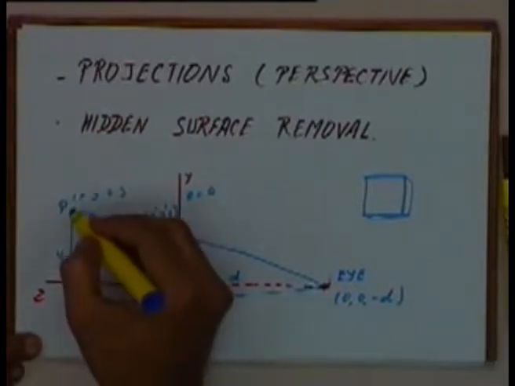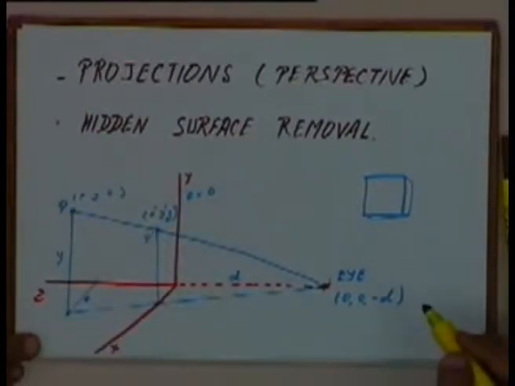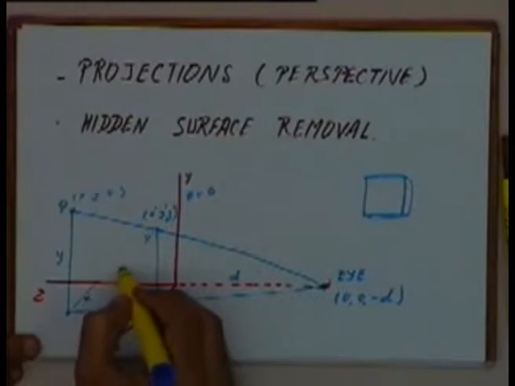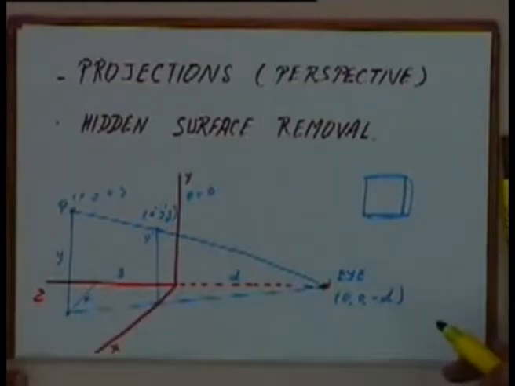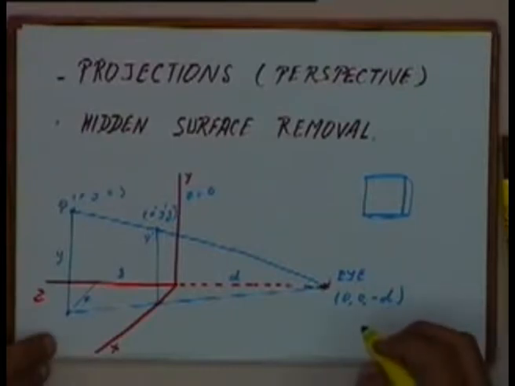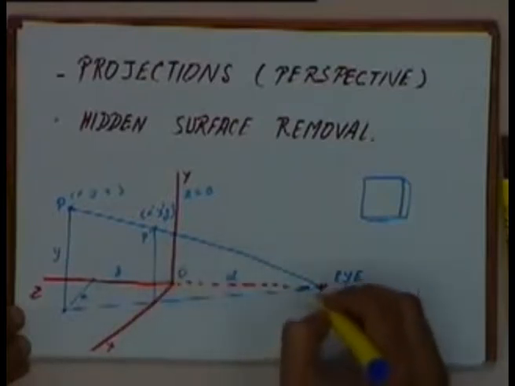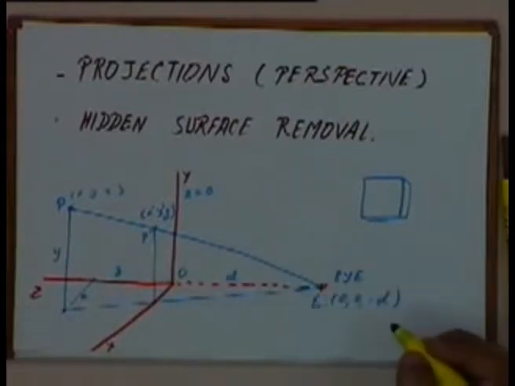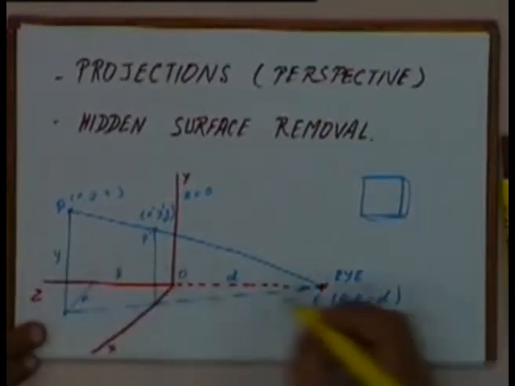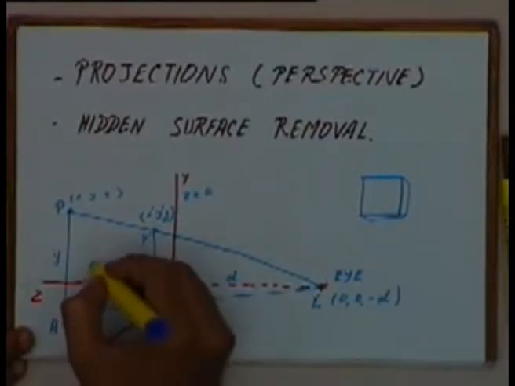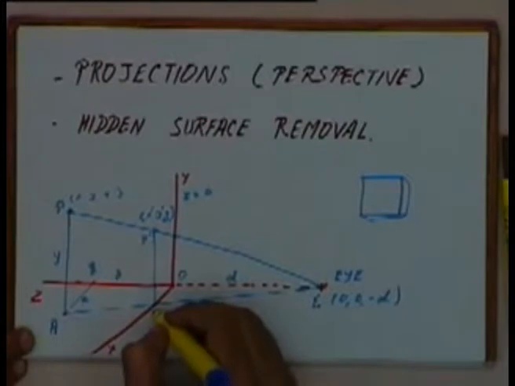That is because of the coordinates of this point. And from this point to the origin, this distance is going to be equal to z. You are alright? Now this is the origin. Let's say this is the eye. Let's say this is my point A, this is B, let's say this is C.